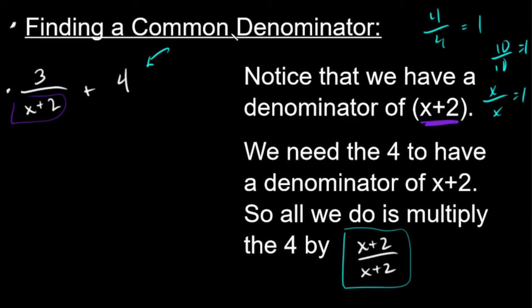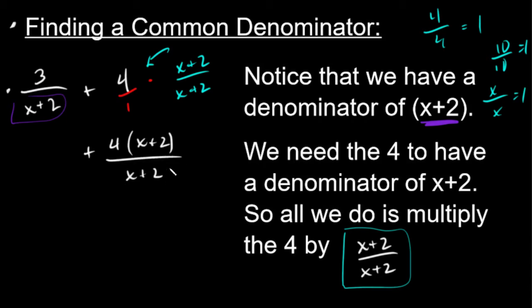We're going to multiply the 4 by x plus 2 over x plus 2. And here's another important piece of information to remember, all whole numbers are secretly over 1. And so, to multiply fractions, we covered this on the review day, you just multiply straight across. So when you multiply straight across, you would get 4, and then you'd be multiplying x plus 2, over x plus 2.